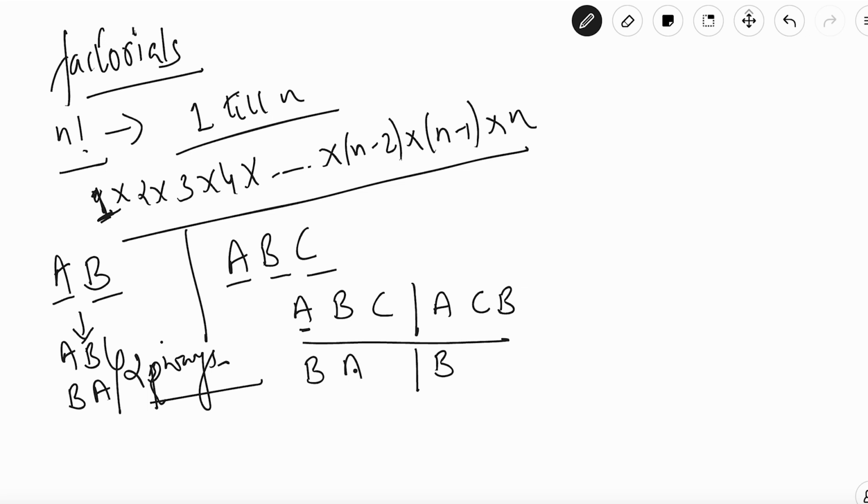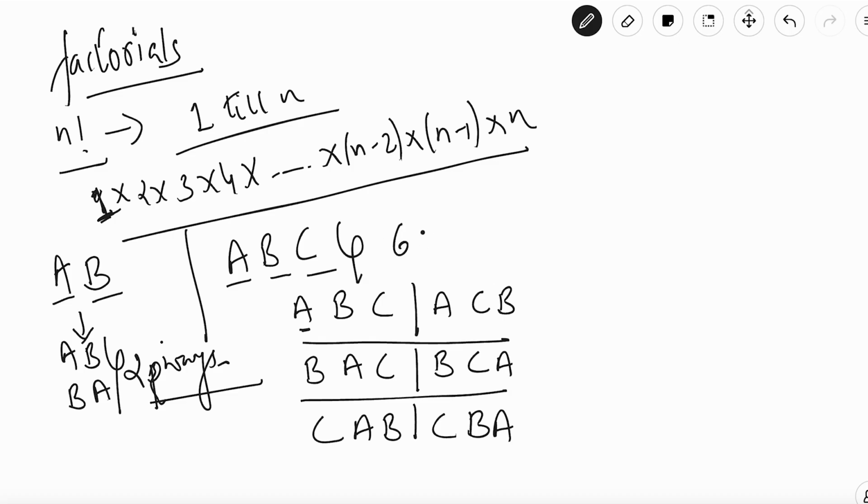So I can either have BAC or I can have BCA. Next, I keep C fixed in the first place. So I can either have CAB or CBA. So for 3 objects, I have 6 ways of arranging these 3 objects.